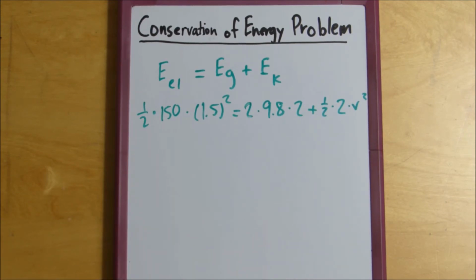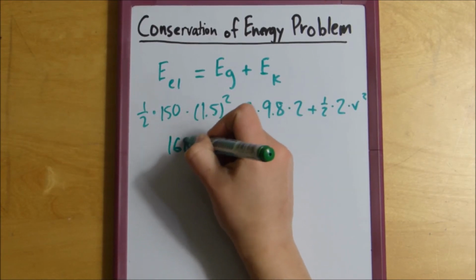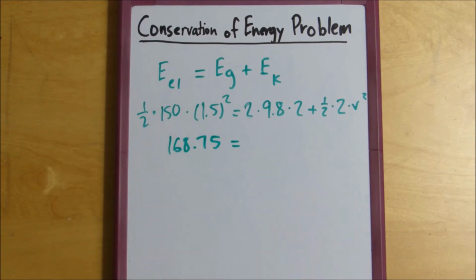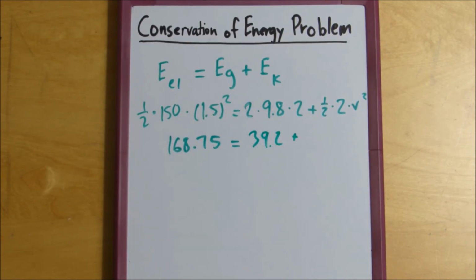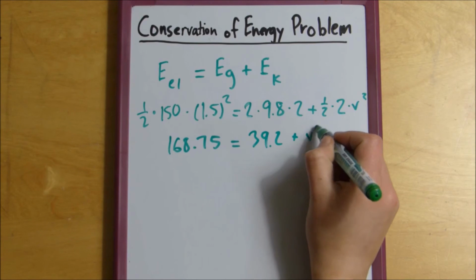So what we can do is plug this in and simplify. On this side we get 168.75 equals 5 times 9.8 times 2, which is 98, plus, these two cancel, so just v squared.